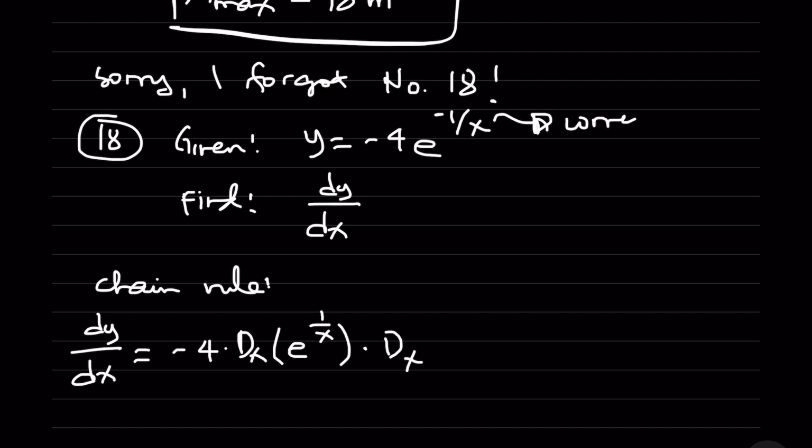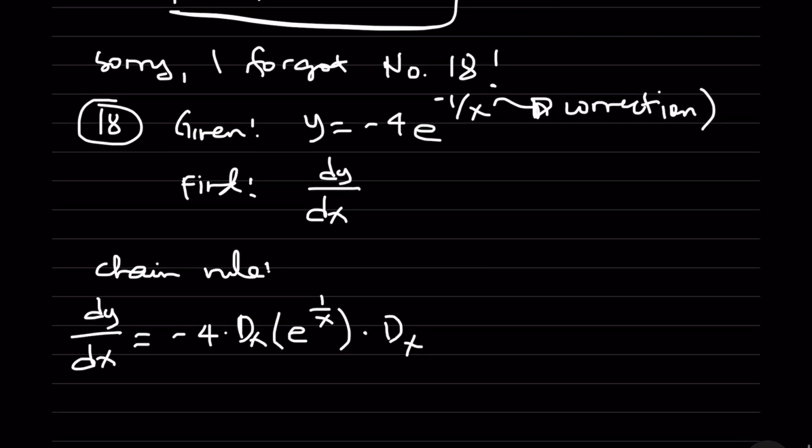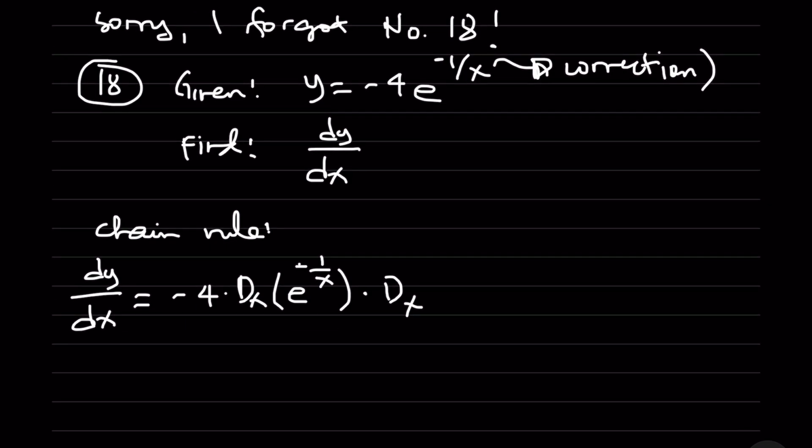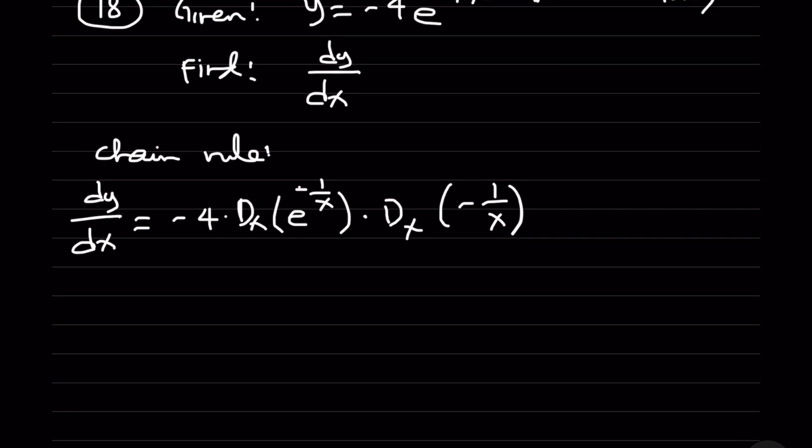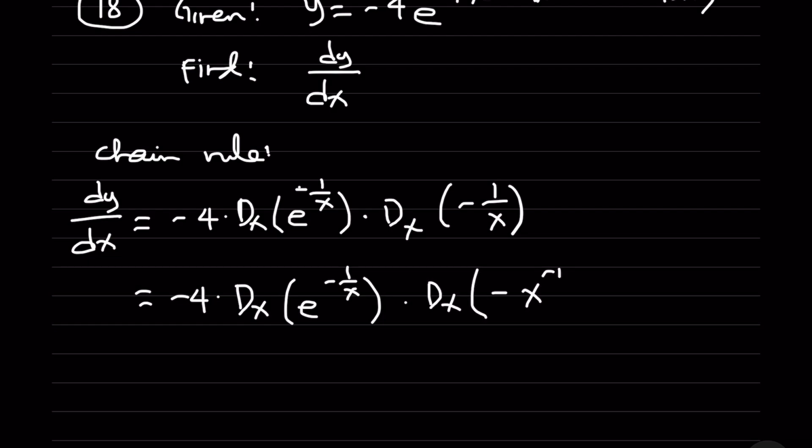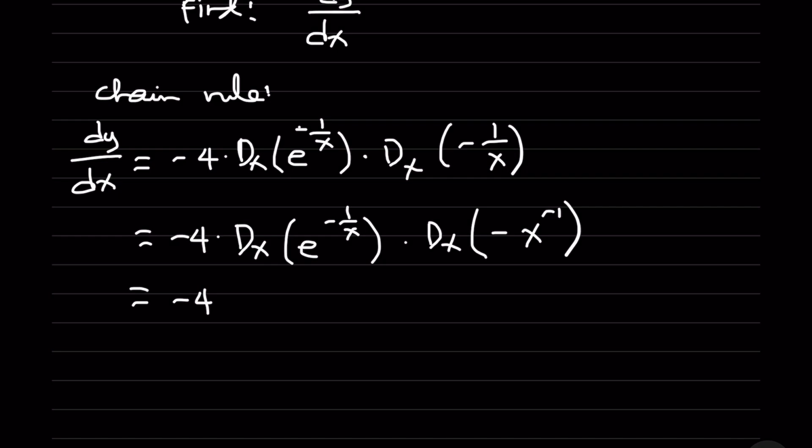Now in this equation, the problem is actually e raised to negative 1 over x. Please take note of that. So I changed the exponent. Okay, I have written the equation by taking note that 1 over x is equal to x to the negative 1.